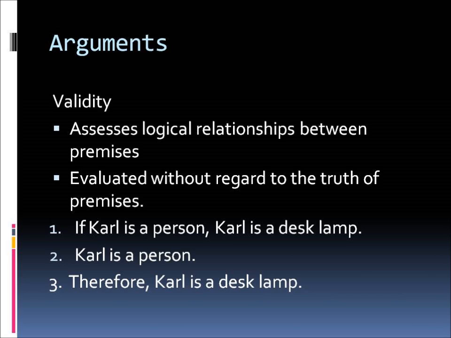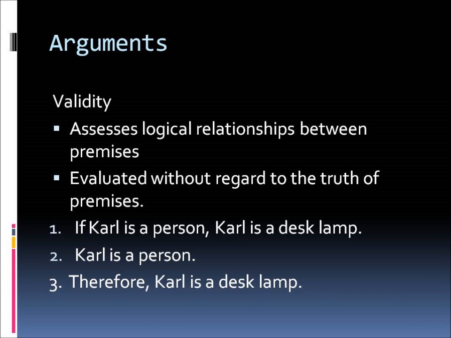An argument is a formal, structured set of sentences that are related to each other in such a way that they prove something. So arguments are sentences that have certain logical relationships, and in virtue of those logical relationships, they count as evidence for a certain point of view.